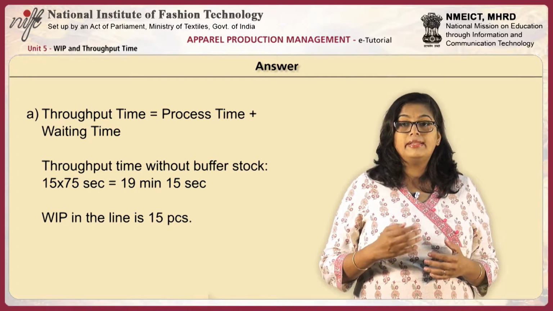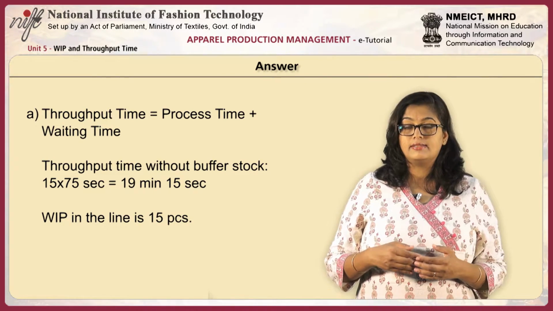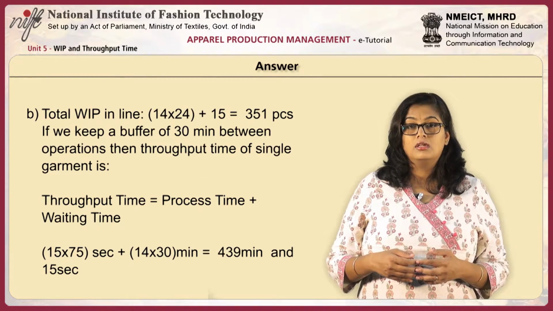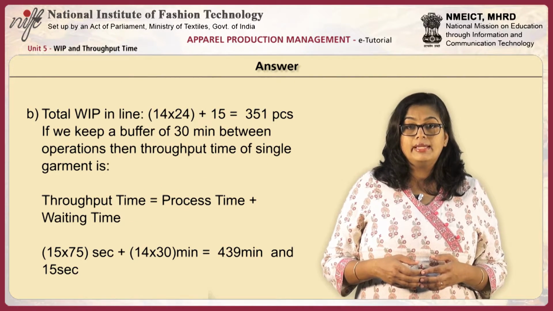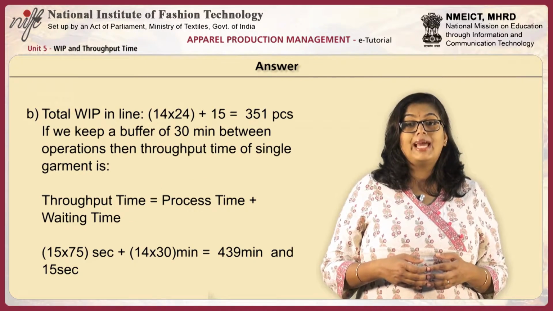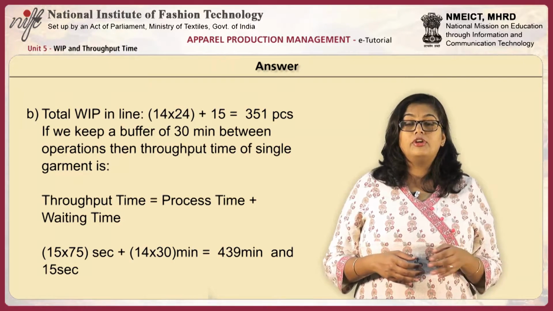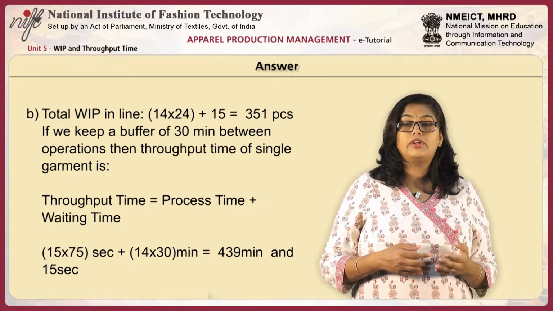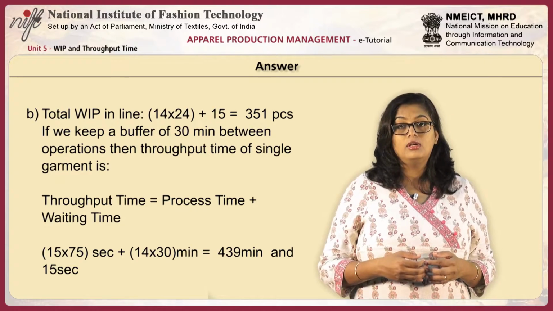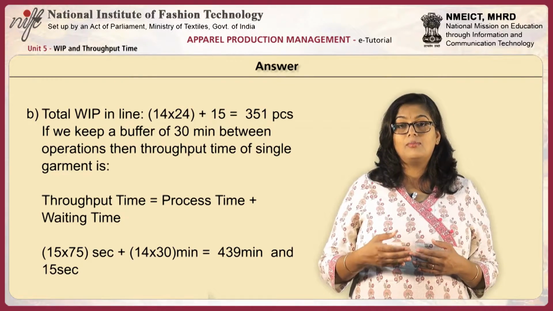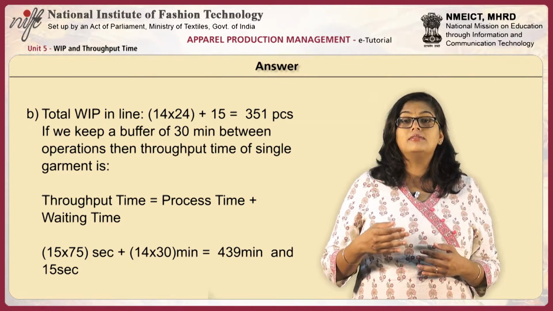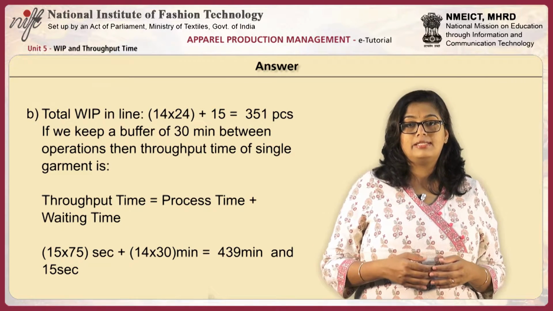So, the WIP in the line is 15 pieces. Total WIP in line would be calculated by 14 into 24, that is 14 hangers into 24 plus 15, which is the WIP inside the line. So, that is equal to 351 pieces.